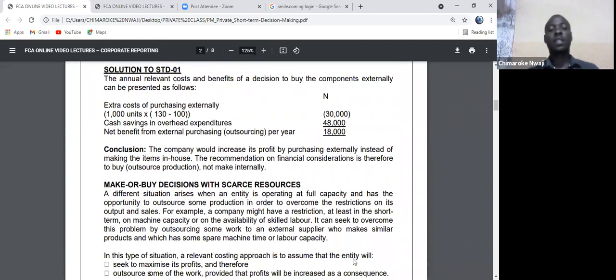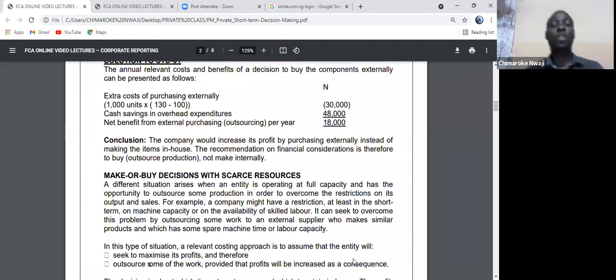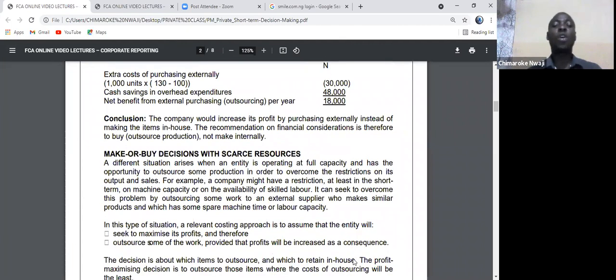All right, a different situation arises when an entity is operating at full capacity. When we say full capacity, we mean here that you don't have time to rest. You come to work at 8 o'clock and you're closing by 5 o'clock. You are always seen working.